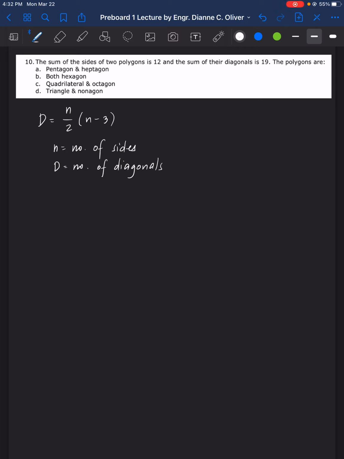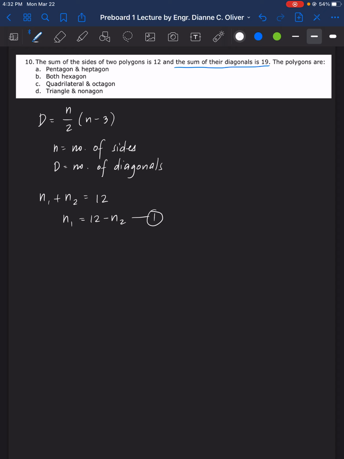It says there the sum of the sides of two polygons is 12. So n1 plus n2 is equal to 12. Then n1 is equal to 12 minus n2. Let's have this as equation 1. Then, it says here, the sum of their diagonals is 19.